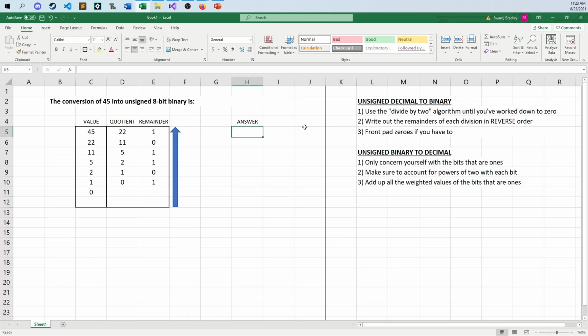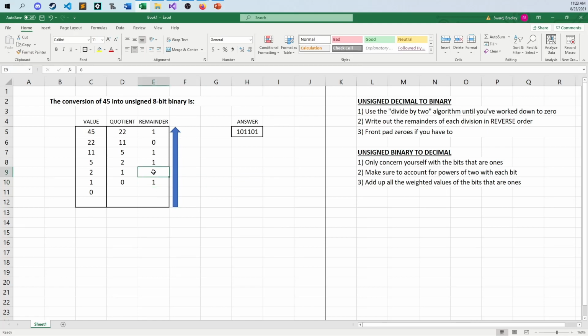So my answer would be 1, 0, 1, 1, 0, 1. And of course, I picked the wrong one. This one will read the same backwards and forwards, right? 1, 0, 1, 1, 0, 1. So you might be talking to yourself going, did I do it right? In this case, since it's the same backwards and forwards, I'll do the same in the next example, and I'll prove that that is correct.